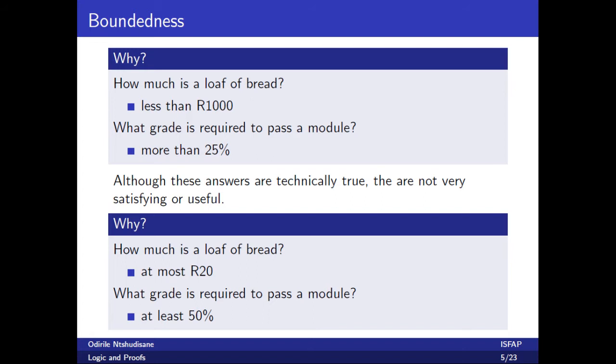Better answers may be that the price of a loaf of bread is at most 20 rand, or that a passing grade for some module should be at least 50%. These are more practical answers and they're actually closer to the truth.